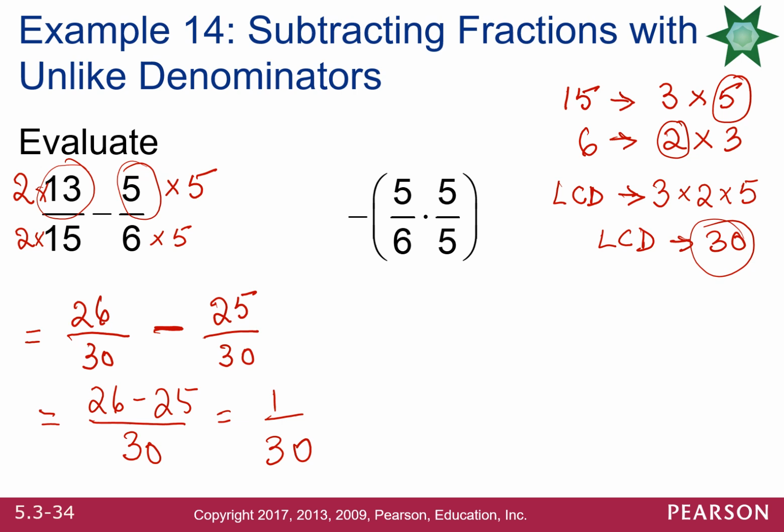All right. So you'll see they have done the same thing here, but in a different series of steps. So let's pull that up. All right. So what they've done here is they have taken the 13 over 15 and multiplied both numerator and denominator by 2.